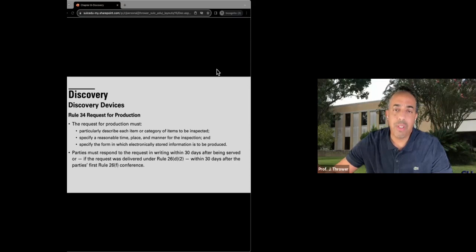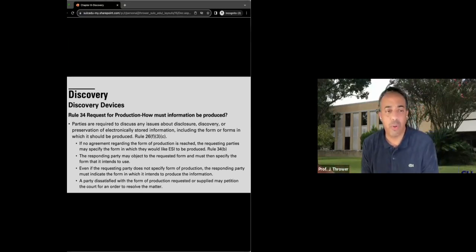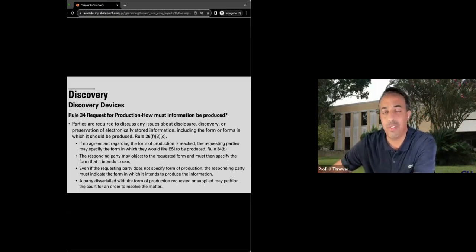How must the requested information be produced? We talked a little bit about this a few moments ago as it relates to electronically stored information. Under Rule 26(f)(3)(C), parties are required to discuss any issues about disclosure, discovery, or the preservation of any electronically stored information, including the form or forms in which it is to be produced.